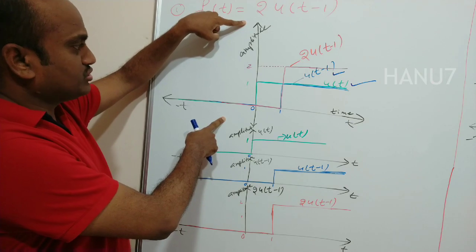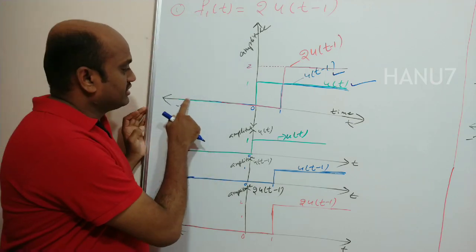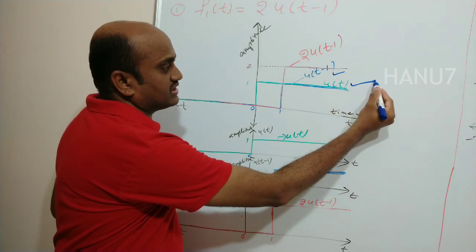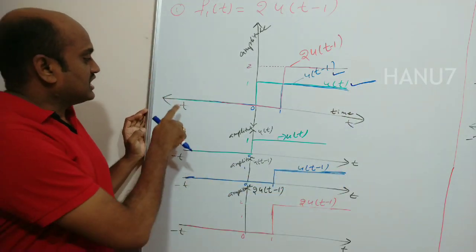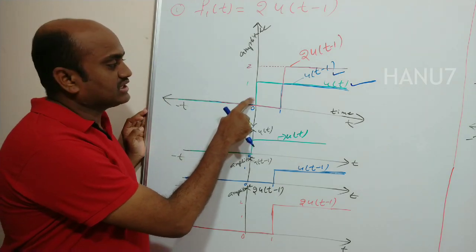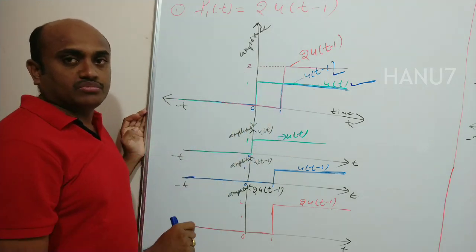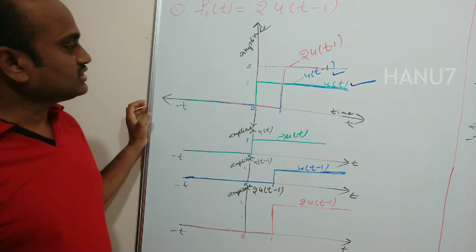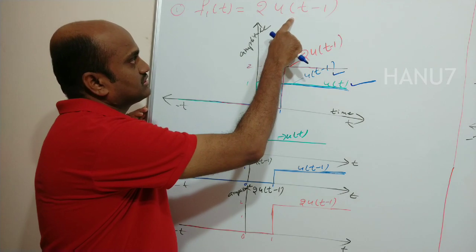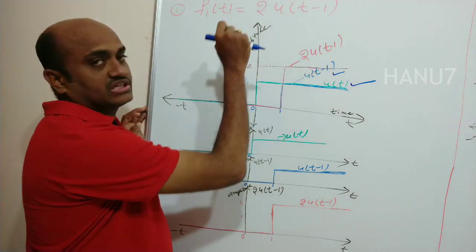This graph is showing you all the three signals. The one which is green in color is u(t). The amplitude of the signal is 0 for all negative values of time and it is 1 for all positive values of time. This signal is delayed by 1 unit as per the given equation.